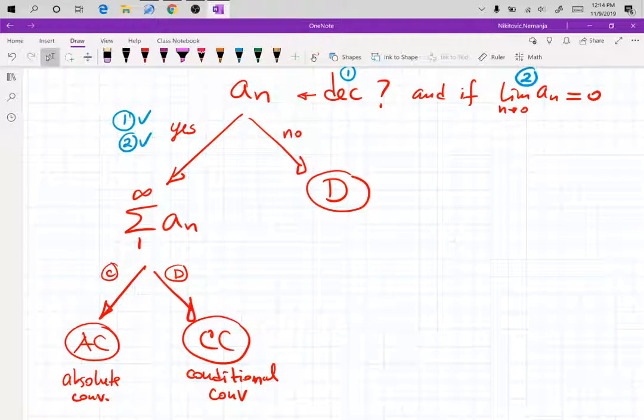The new creature is conditional convergence that we would like to understand, and it only appears during the alternating series test. So when you go here for the alternating series test conditions for convergence, there is an extra thing that we would need, and that is the summation of a_n to distinguish between the two types of convergence for these guys.